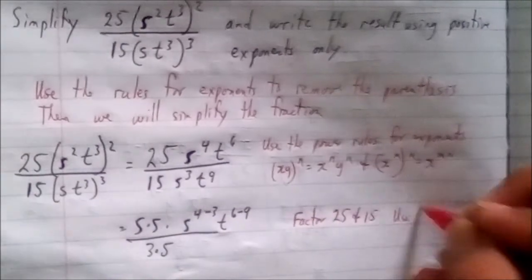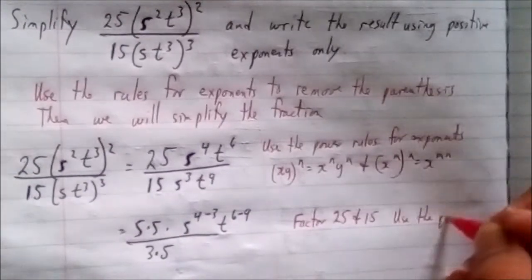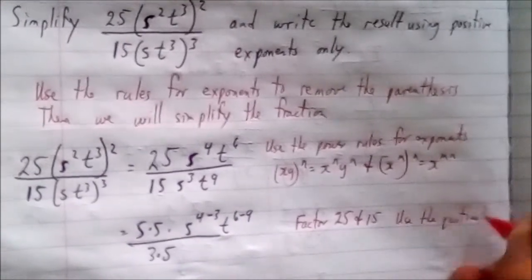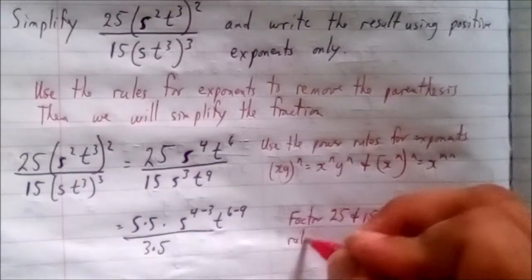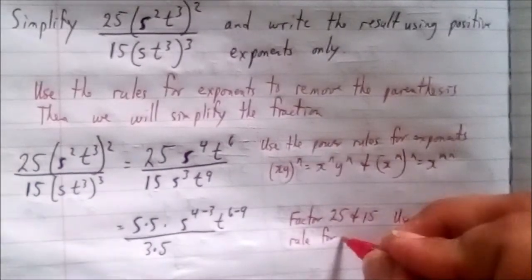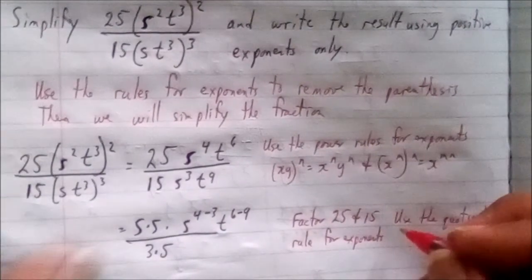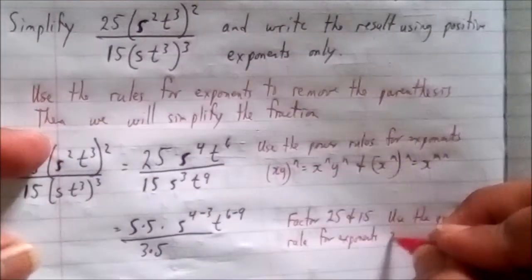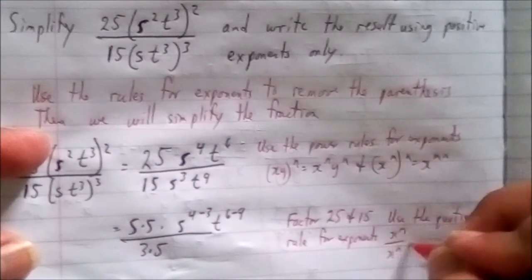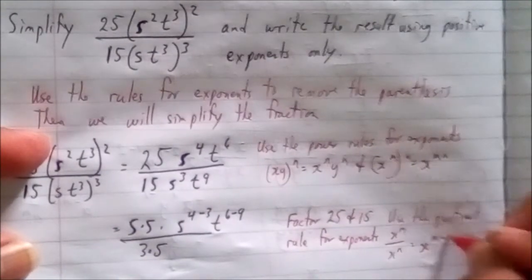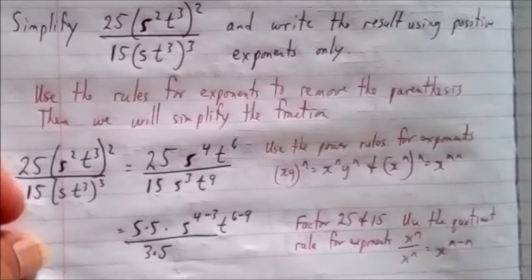Then use the quotient rule for exponents. Okay, and so we have x to the m over x to the n gives us x to the m minus n. So that's the rule that we are applying there.